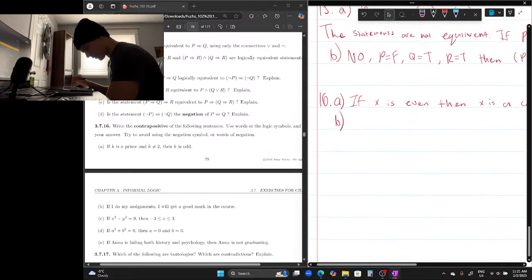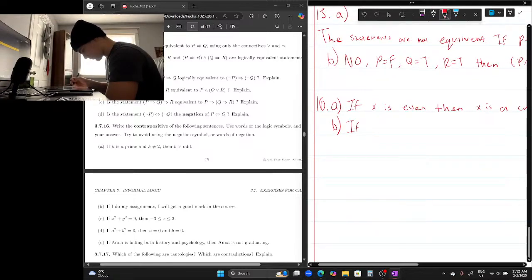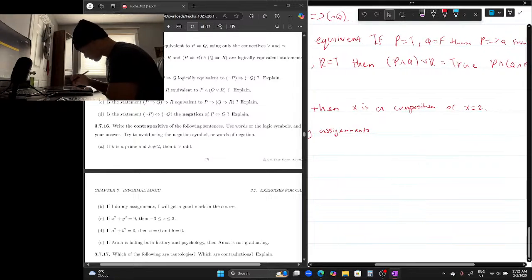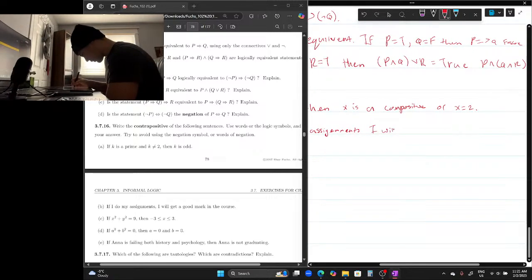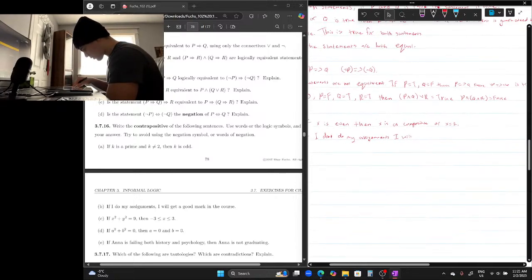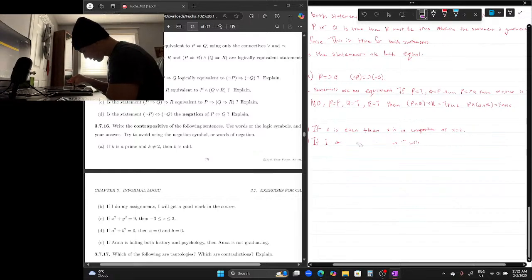B: if I do my assignments, I'll get a good mark in the course. If I don't do my assignments, I will not get a good mark in the course. Oh, then that's really better. I messed it up.